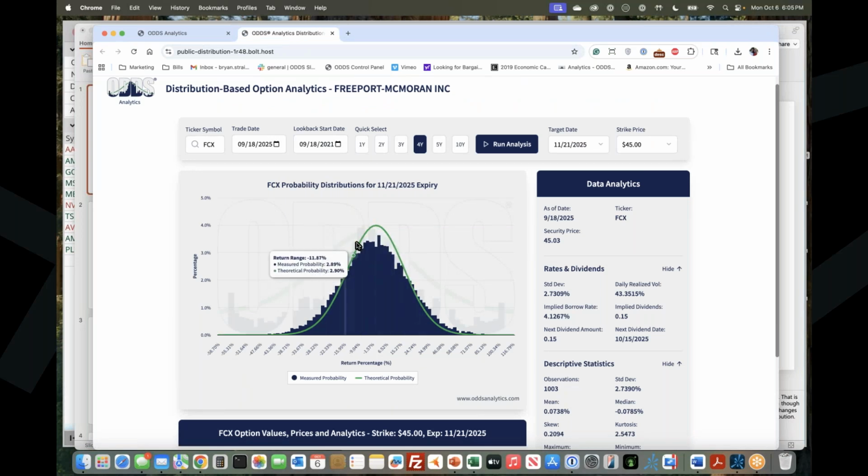What you're looking at right here, the green line, is the log normal bell curve distribution. It's no secret that the Black-Scholes model, and almost all option pricing models, assume the market's future price distributions will follow a log normal bell curve return.